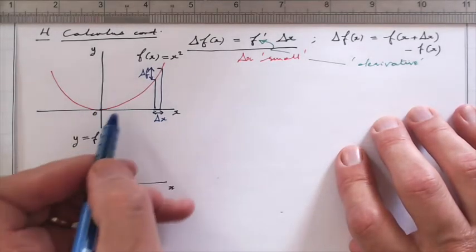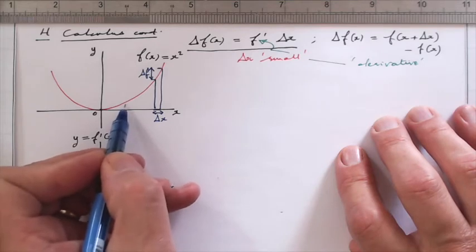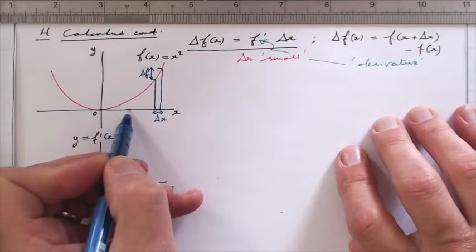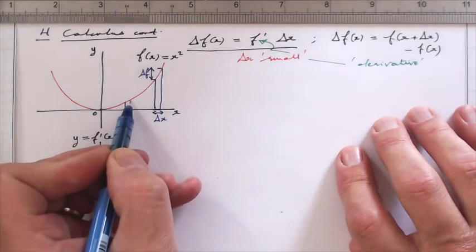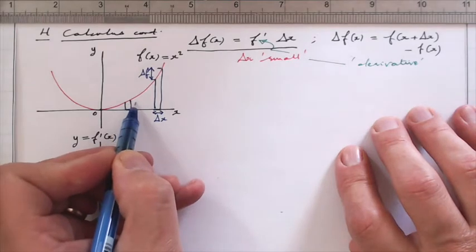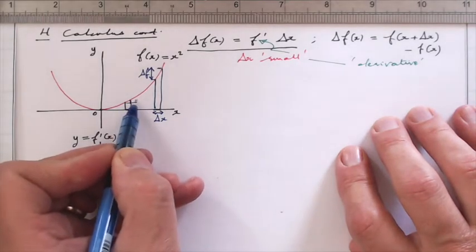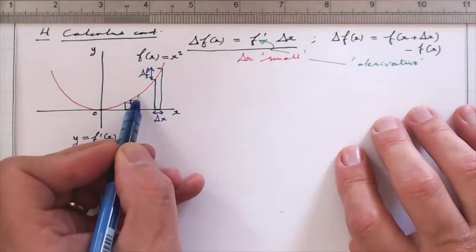Let's do it a bit closer in to the origin. So here then, I've got the same size change of input. And let's see what size of change of output we're going to have. You can see it's really tiny.